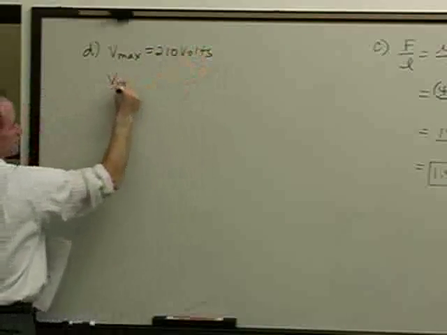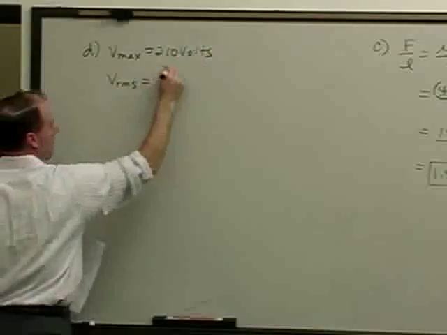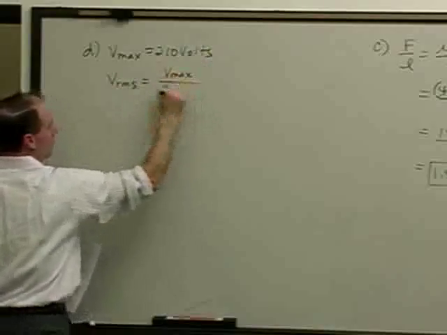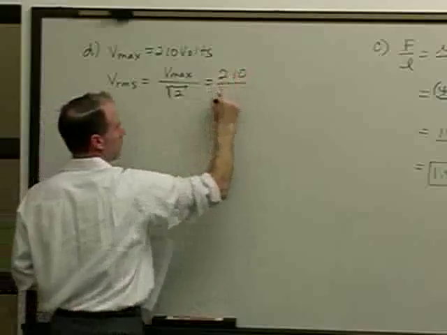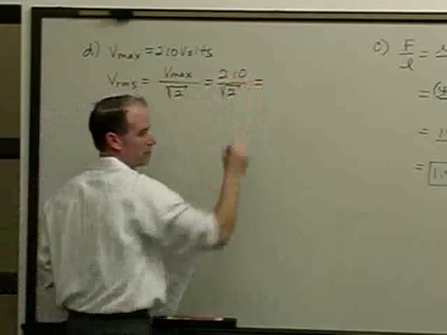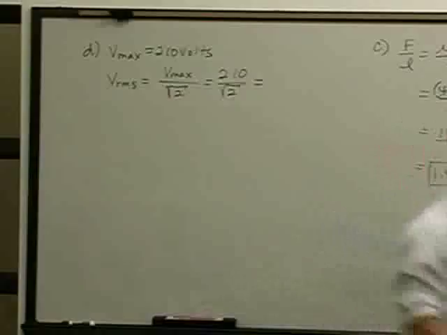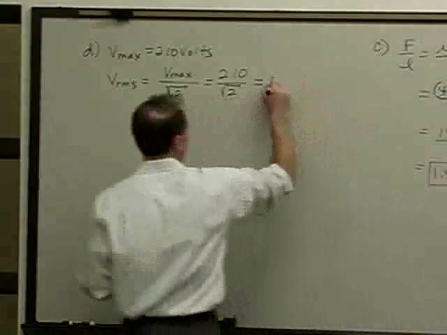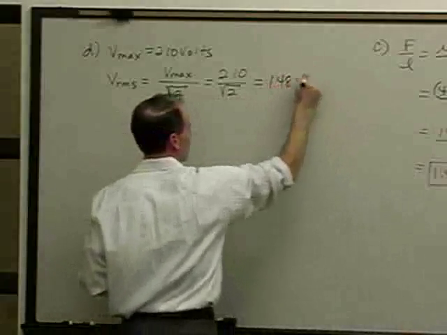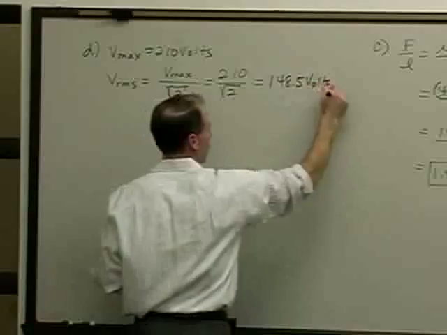V RMS is V max divided by the square root of 2. So that's 210 divided by the square root of 2. It's 148.5 volts RMS.